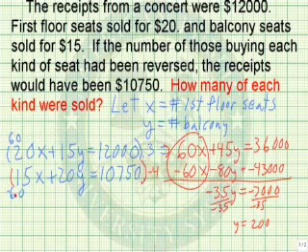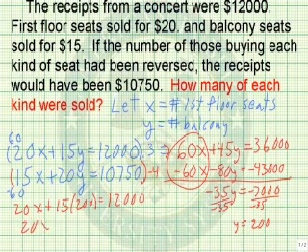Let's go back to our original equation. We have 20x plus 15 times 200, and we wind up with 12,000. 20x plus 3,000 equals 12,000. Let's subtract 3,000 from both sides of the equation.